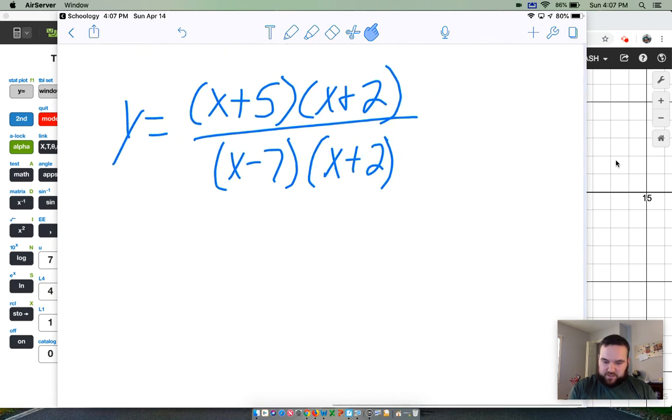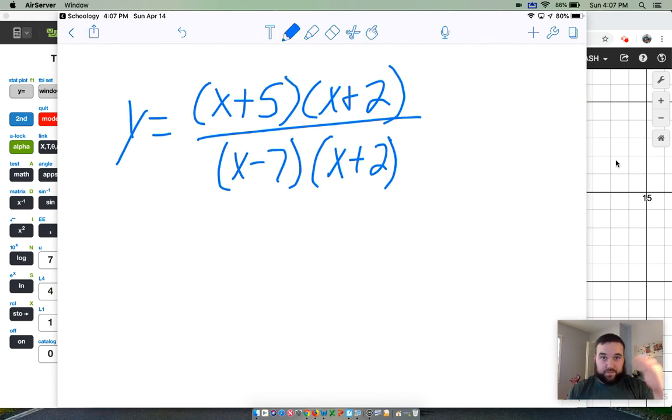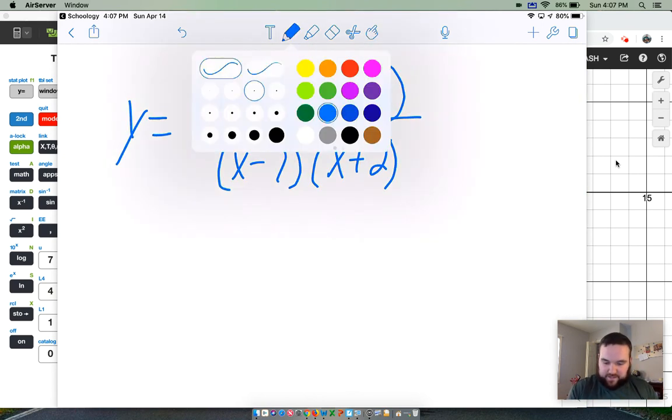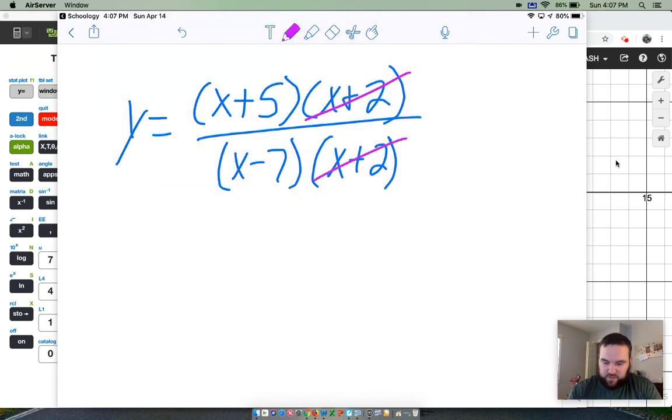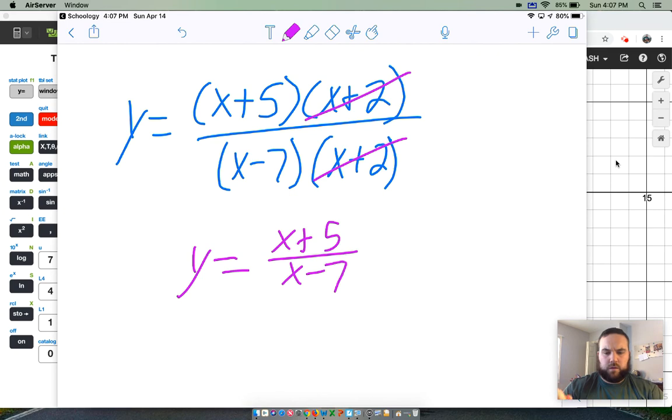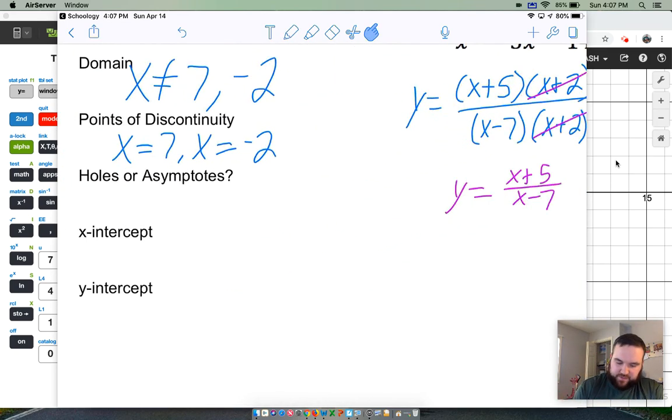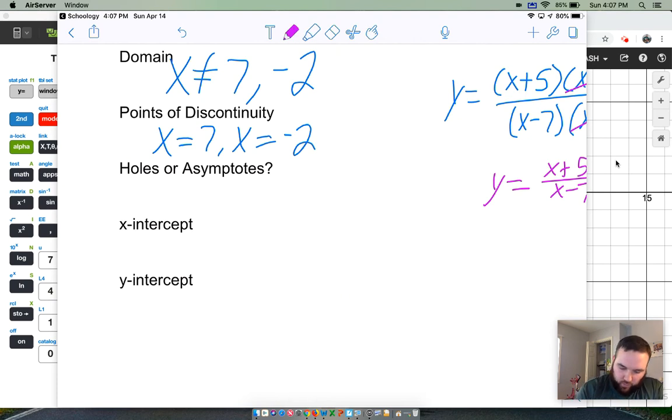If I look at the factored form, I can see that I have an x plus 2 on both the top and the bottom, which means I can rewrite this as y equals x plus 5 over x minus 7. So because I was able to remove the x plus 2, that means I have a hole in the graph at x equals negative 2.